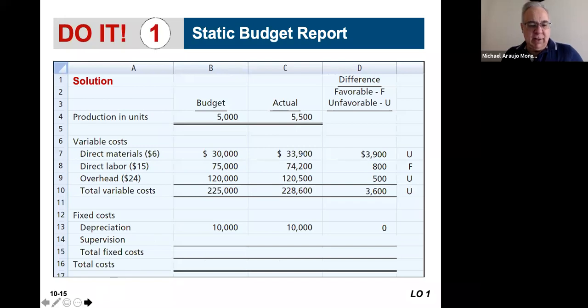Your fixed costs were stable, so no problem there. In total, that's your variable plus your fixed, you had budgeted a total of 240,000. You spent 243,600, $3,600 more than you thought, which is unfavorable in this case.